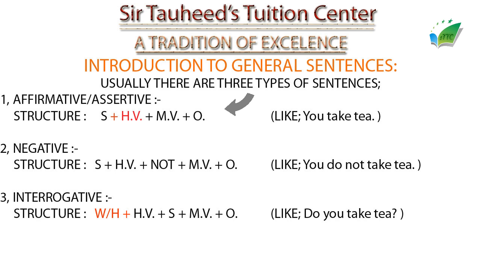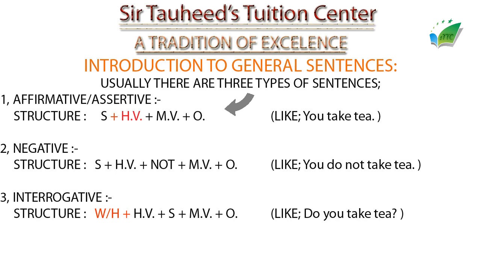As I have mentioned here, you take tea. Here are only three elements. You is the subject here because you is doing something. In this sentence, after the subject we have used the word take, which is not actually a helping verb. It is a main verb because this sentence belongs to present indefinite tense.